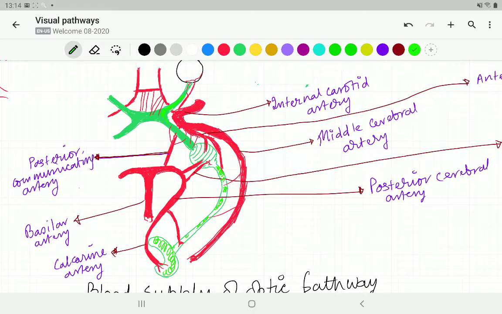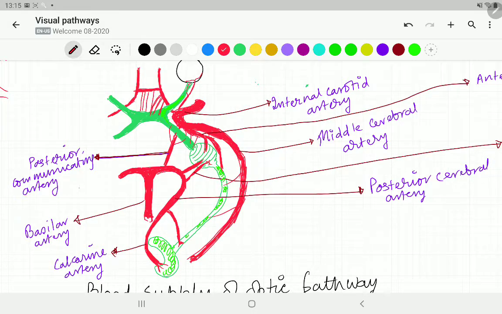The next part is the optic chiasm. It has multiple blood supplies. It is supplied from the anterior cerebral artery. As we can see, there is a branch coming from the anterior cerebral artery supplying the optic chiasm.